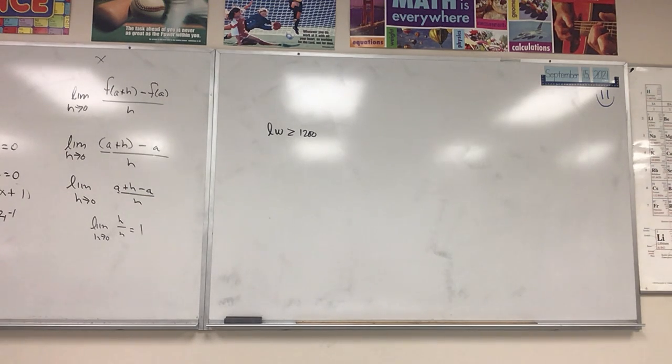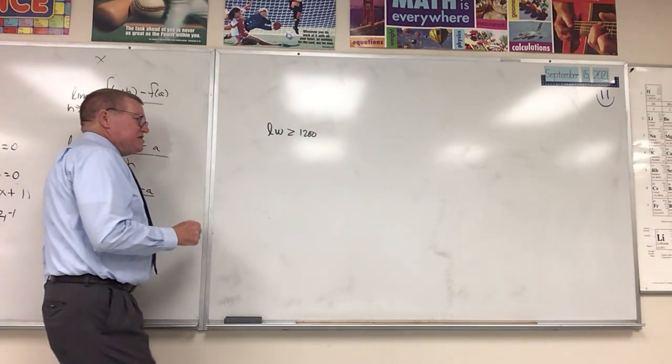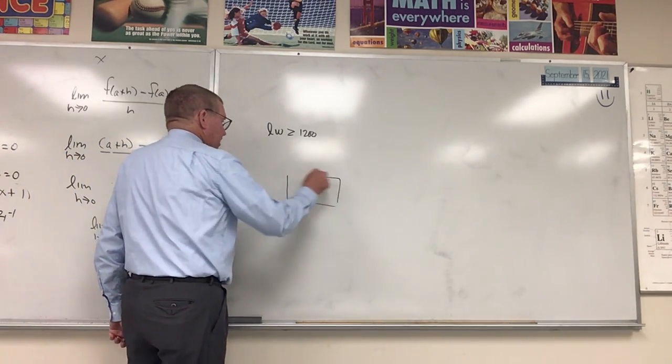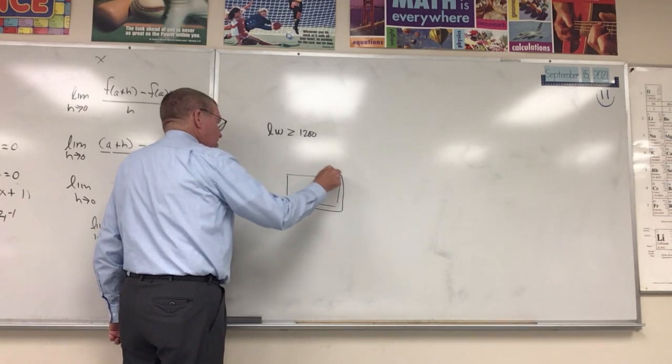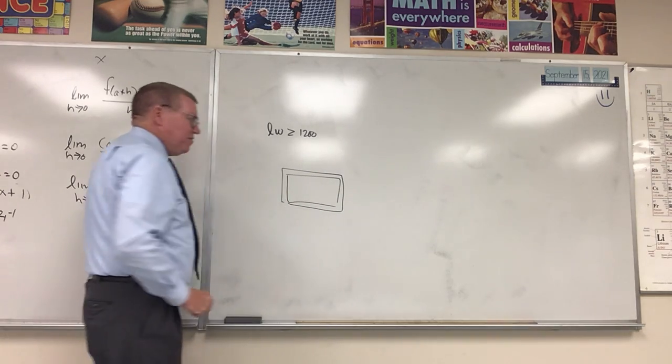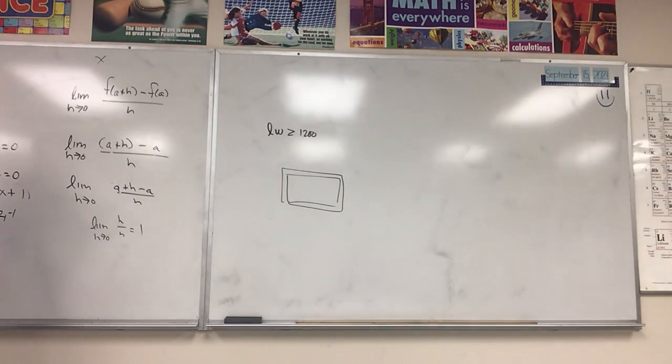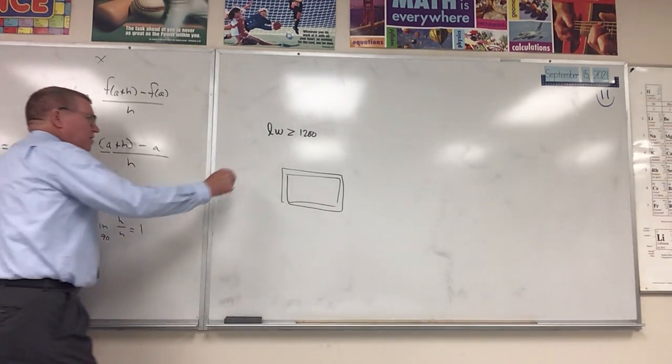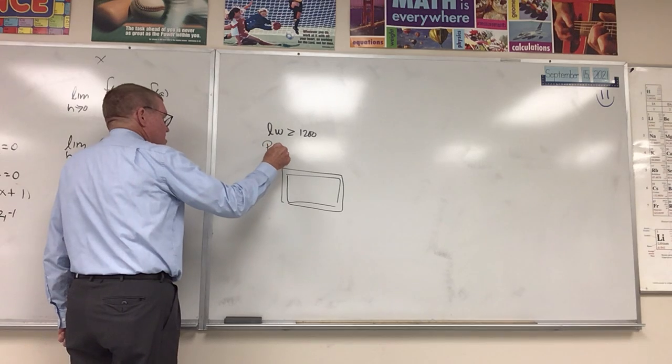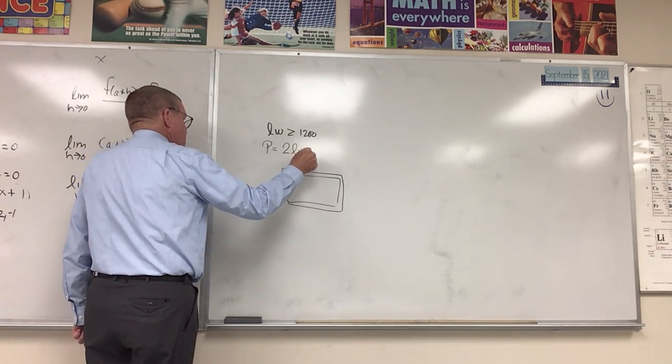They say if 160 yards of fencing is to be used and the width cannot exceed the length, within what limits must the width of the enclosure lie? So if I have 160 yards of fencing, here's my rectangle, I must have 160 yards of fence to enclose that. Well, that is talking about what? Perimeter. How do I find perimeter? 2L plus 2W.